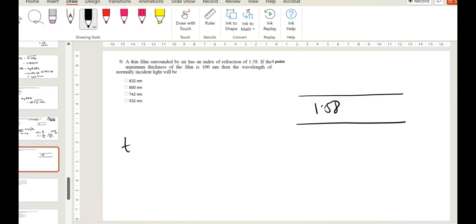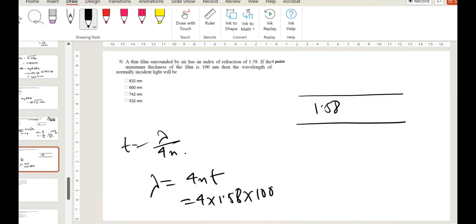We know t is lambda by 4n, so we are calculating lambda here. That is 4nt, so 4 into 1.58 into 100 nanometer, and that is equal to 632 nanometer. So this is the answer.